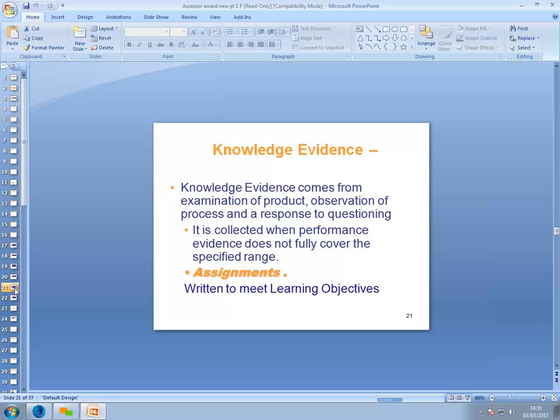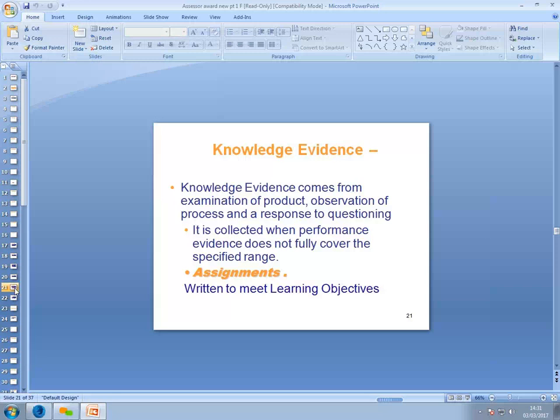So assignments can be given more than usually. If health and safety is involved, there will be a health and safety assignment that has to be completed by a learner to fully fulfil the requirements of the standard. And assignments are obviously written to meet learning objectives.